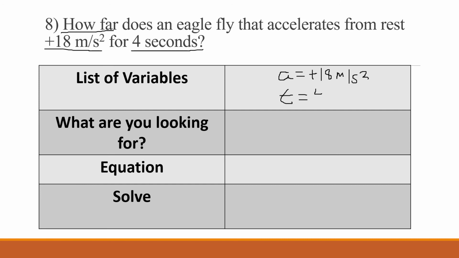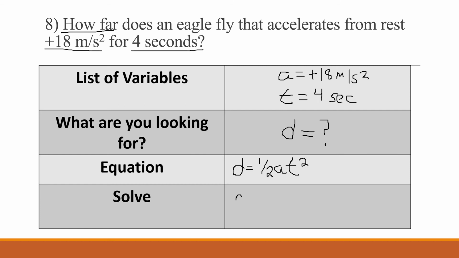The time is 4 seconds. What are you looking for? Distance, of course. So we have DAT, D-A-T. When you've got DAT, there's only one equation you can use. You have to use the distance equation with acceleration. Everyone's favorite acceleration. I don't mind practicing this equation a bit more. I want us to feel comfortable with it. D equals 1/2 AT squared.